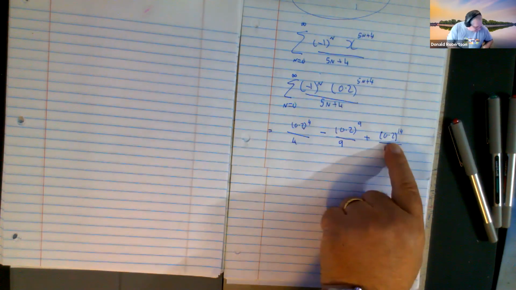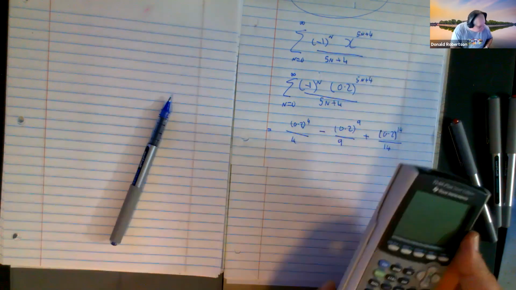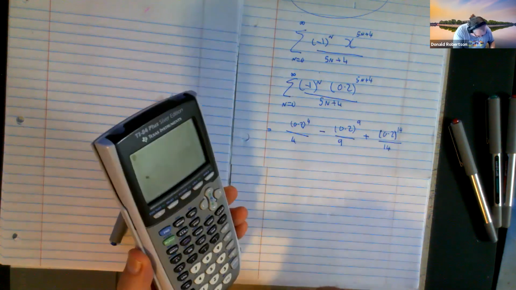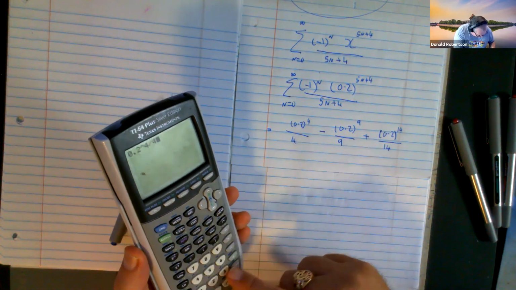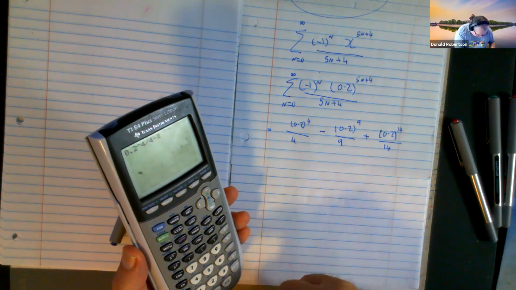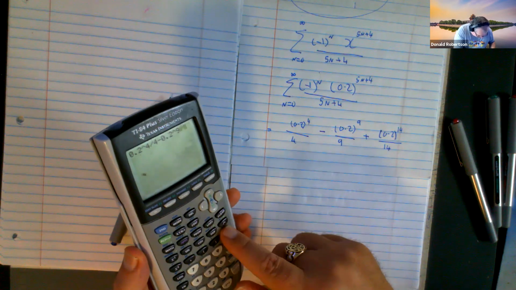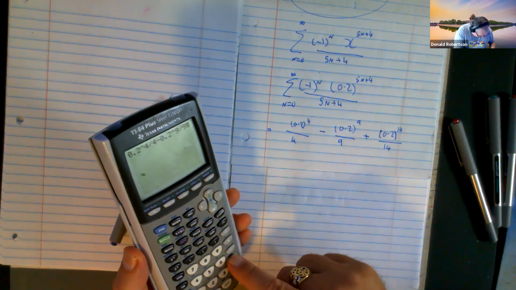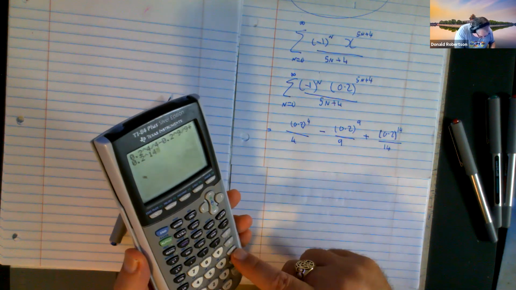I'm 99% sure that that answer is probably already good to 6 decimal places. So 0.2 to the power of 4 divided by 4, take away 0.2 to the power of 9 divided by 9, plus 0.2 to the power of 14 divided by 14.